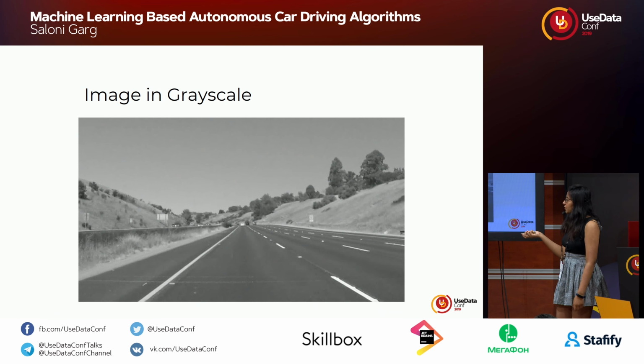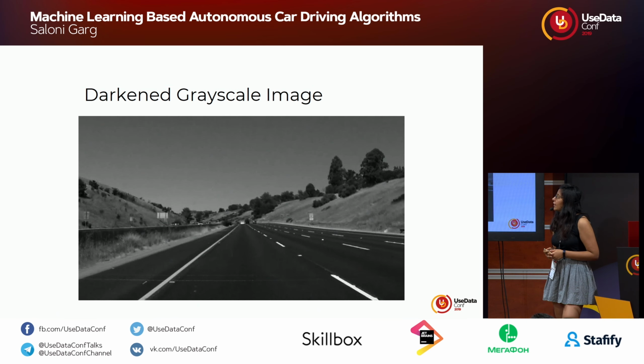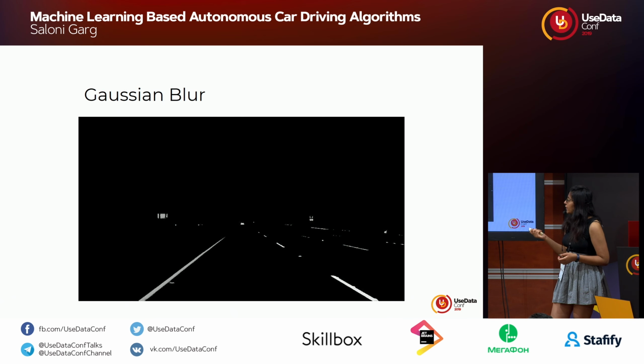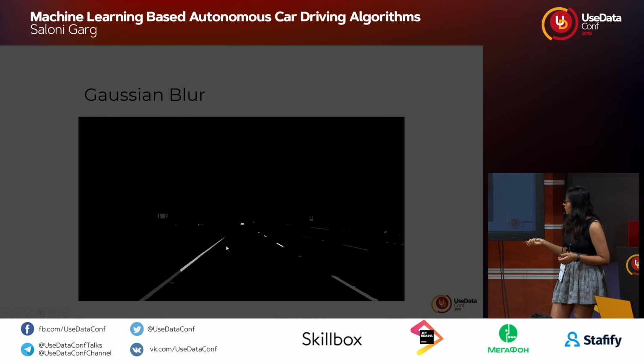We converted the image to grayscale, and then we darkened the grayscale image. You see the differences of colors between the road and the lanes got even more intensified, and can be observed more accurately. Then we applied Gaussian blur. This is even more properly put. We can detect the lanes more easily.